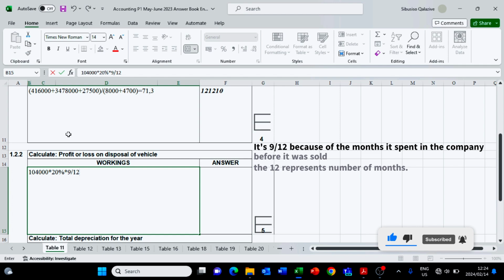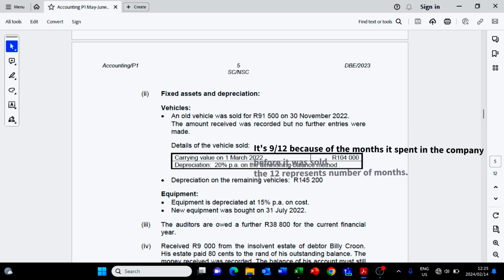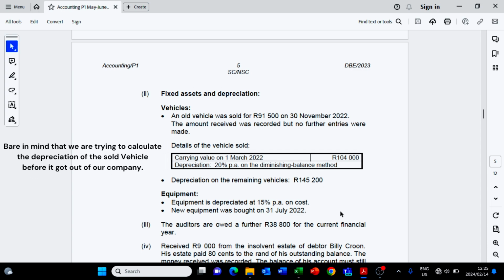Why am I saying 9 over 12? It spent only 9 months, so from 1 March up until 30th of November, it's 9 months. March, April, May, June, July, August, September, October, November. So it only spent 9 months in the business.